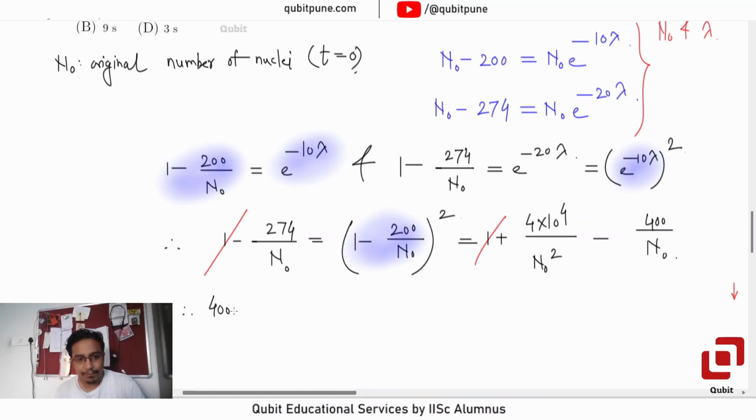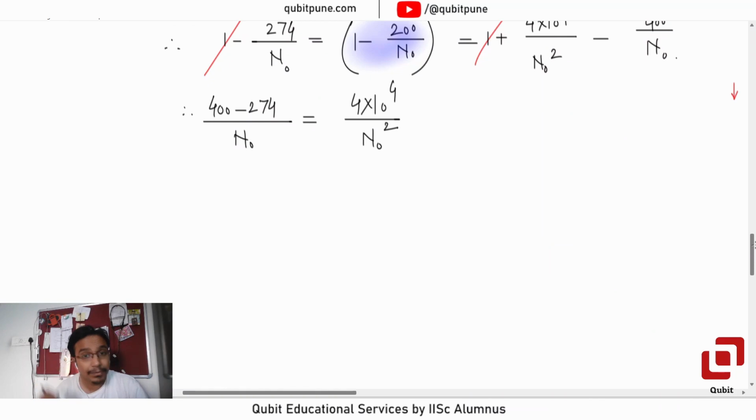So we will get 400 minus 274 upon n0 is equal to 4 into 10 raised to 4 upon n0 squared. We can cancel n0 here. So what will be n0? 4 into 10 raised to 4 upon 126.